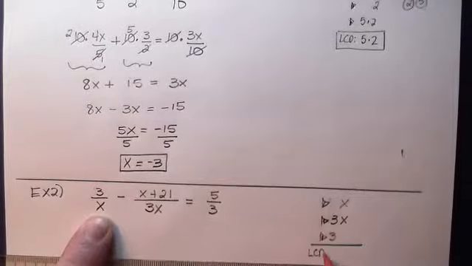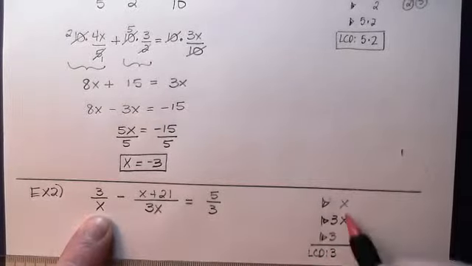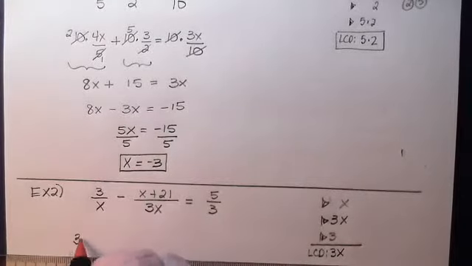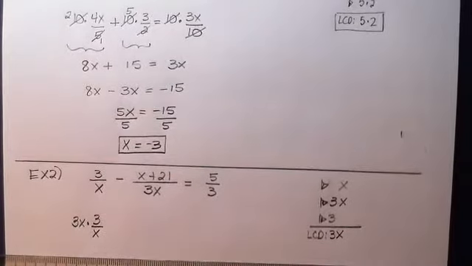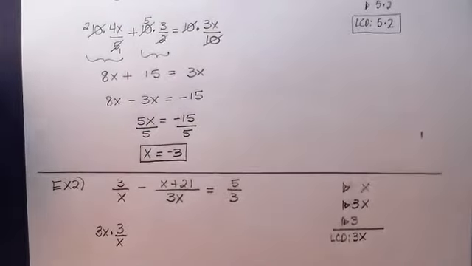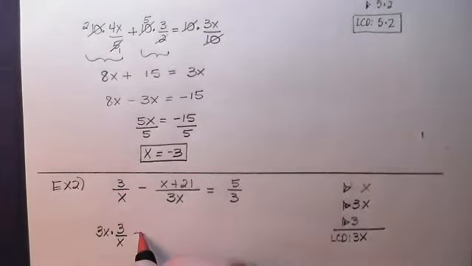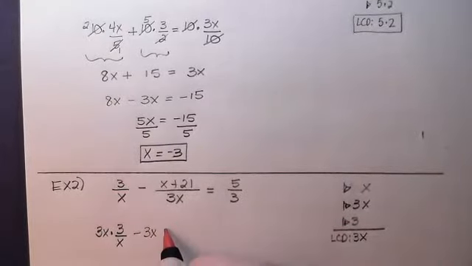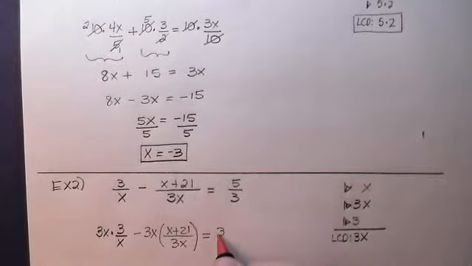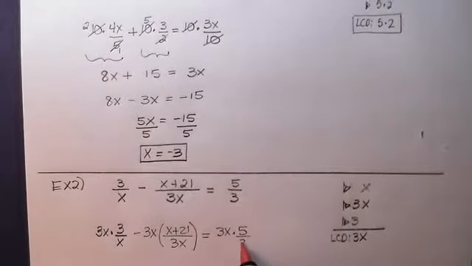So my LCD is going to be 3x. With that in mind, I'm going to multiply each term by 3x. So 3x times the first, and then I'm going to put a minus, and multiply by 3x the term x plus 21 over 3x. And this would be 3x times 5 over 3.